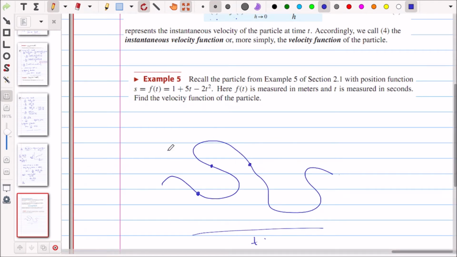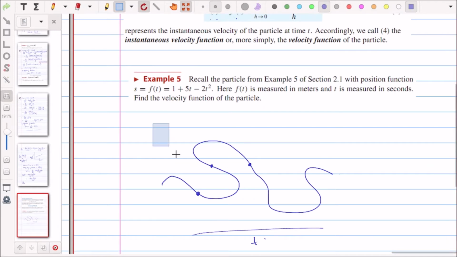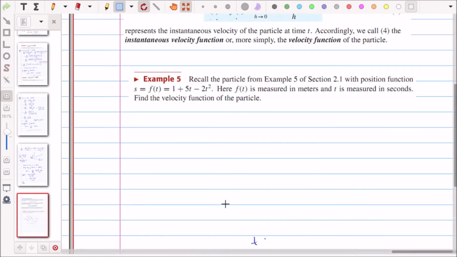So this is your position function. You have to find the velocity function of the particle.